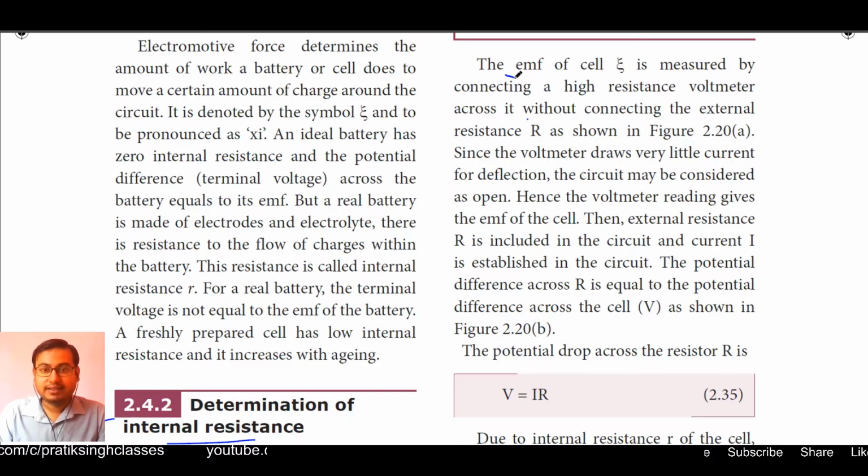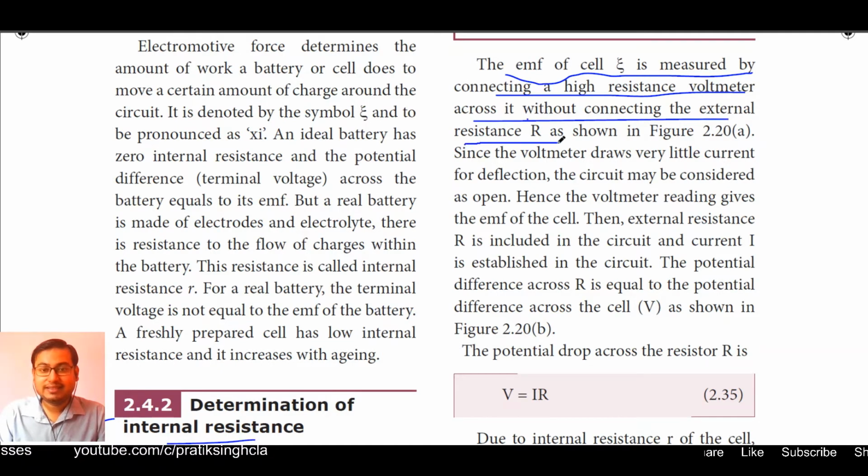The EMF of the cell Xi is measured by connecting a high resistance voltmeter across it without connecting the external resistance R, as shown in figure 2.20a, as we have seen in our previous slide. There the battery is connected with the voltmeter and no external resistor is connected to the battery.